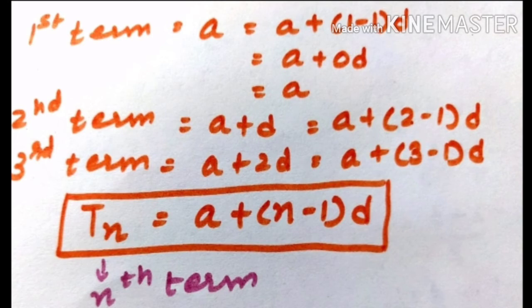Now the third term is equal to a plus 2d, which we have already written in our sequence. But how do we get it? As a plus, for the third term, 3 minus 1 into d. Now 3 minus 1 is 2, so a plus 2d. So by this generalization, the formula for our nth term is denoted as Tn, equal to a plus n minus 1 into d.